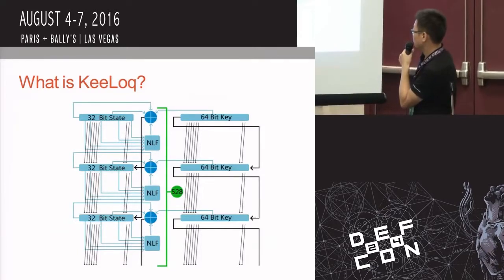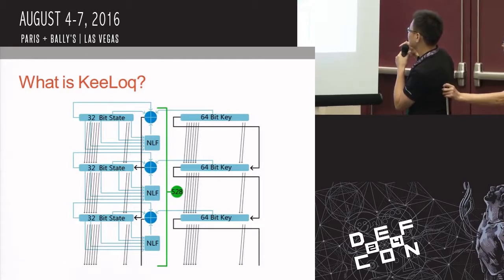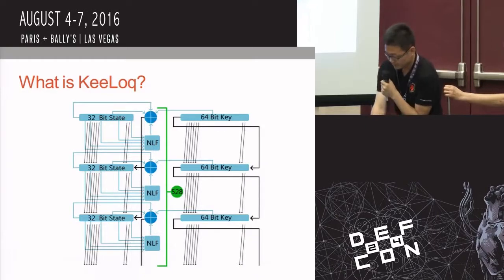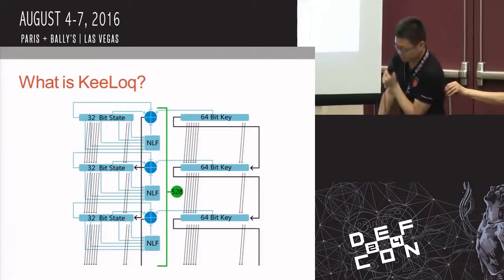Now the data will shift, and the 64-bit key will circular shift, and we will do this 528 rounds. So finally we get the encrypted 4-byte data. That's the rolling code.